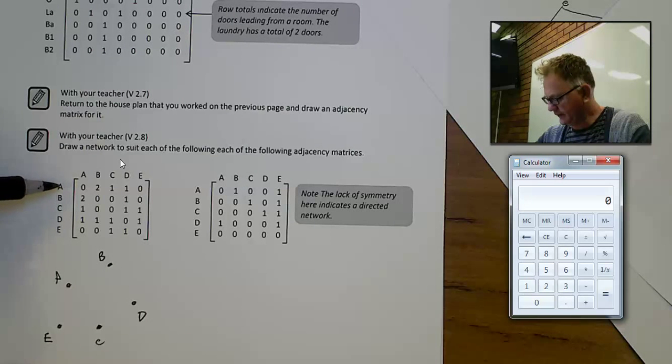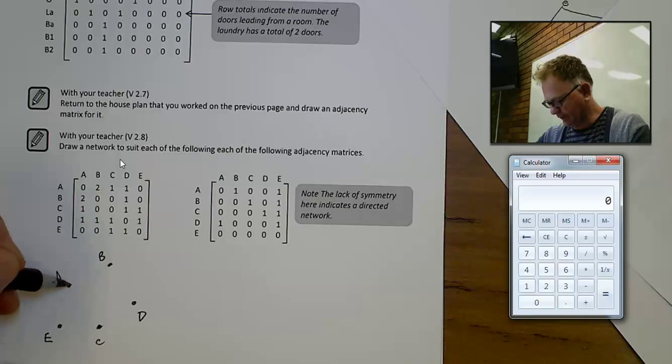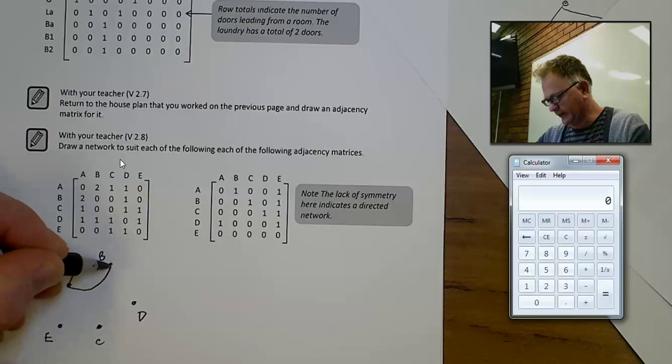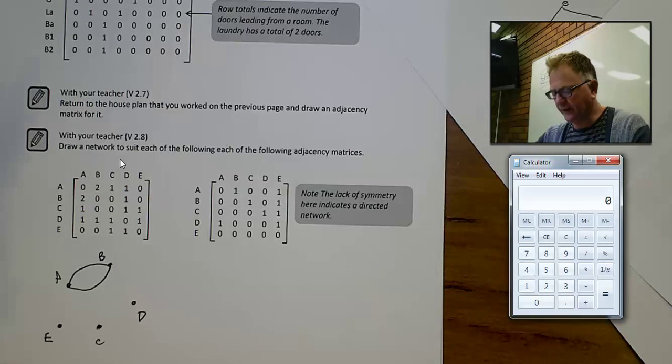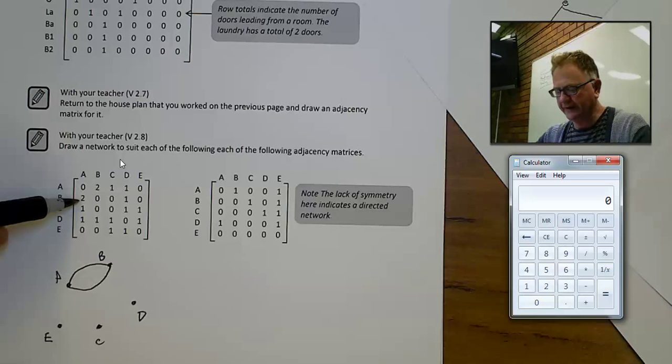Now there are 2 edges from A to B. So from A to B there are 2 edges, and obviously if you look around the other way, from B to A there are 2 edges, so there's no need to indicate these with arrows at this stage. That'll work itself out.